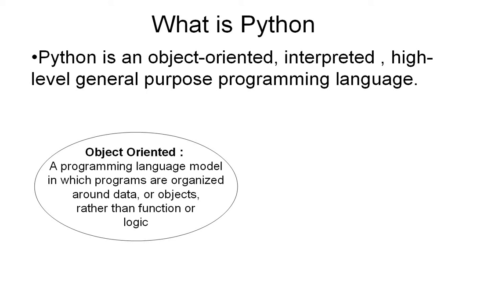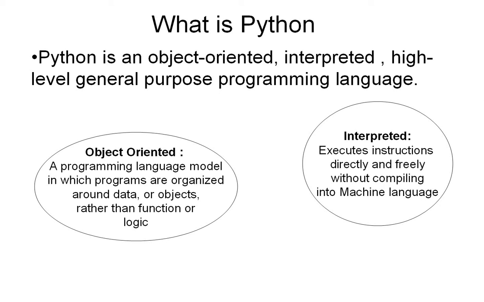Then what does interpreted mean? So there are two ways of running a program. Programs like C, they are first compiled and then executed. So when we say compiled, basically the code is converted into machine language and then it is executed. Python, on the other hand, directly executes. It is not compiled, and there are certain benefits to it which we will understand.